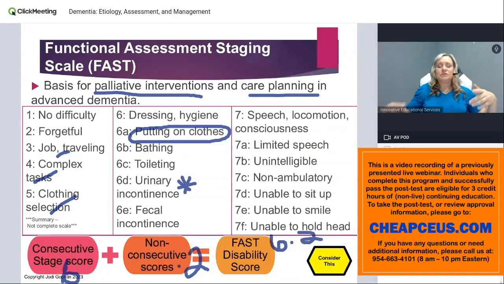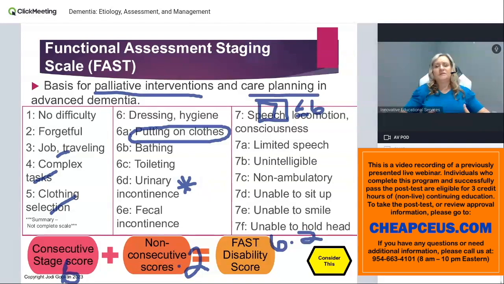This particular tool is utilized by CMS. The threshold score is a 7 for an individual who has less than 6 months of life left. And look, I even struggle to say that. It's sad, very sad to think about.